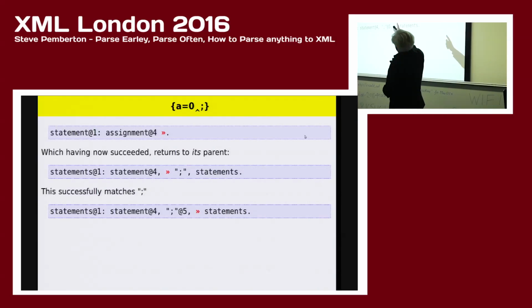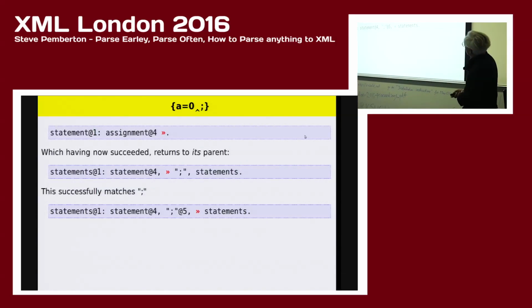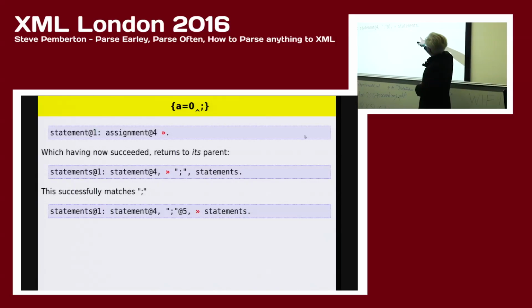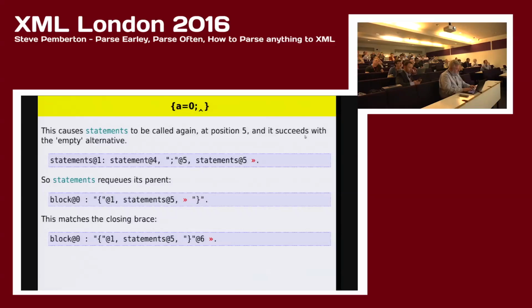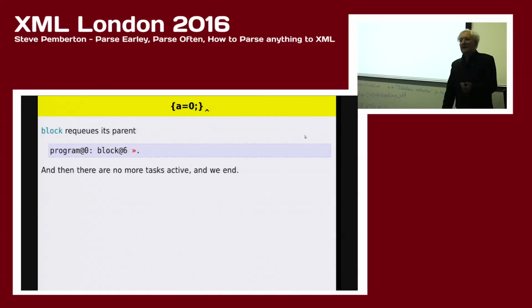Statement is now finished, so it returns to its parent, which was statements. Statements successfully matches the semicolon. That returns, so then it calls statements again. Well, there's an empty statements after the semicolon, so that succeeds. That returns to block. That matches the last character, and that returns to program, and we're done.